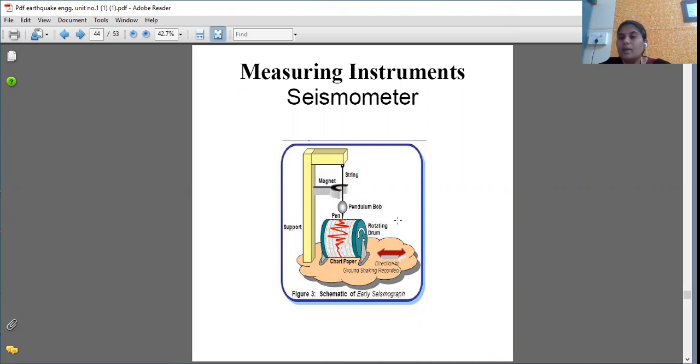Whenever this movement occurs, based on this ground shaking, a graph is plotted on the chart paper, and that graph is nothing but a seismograph.